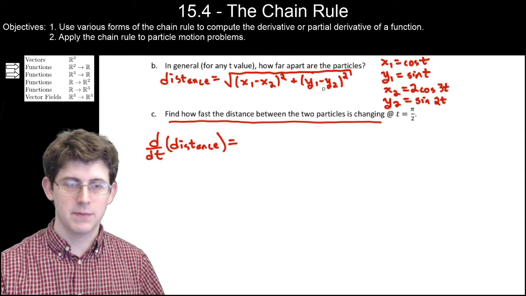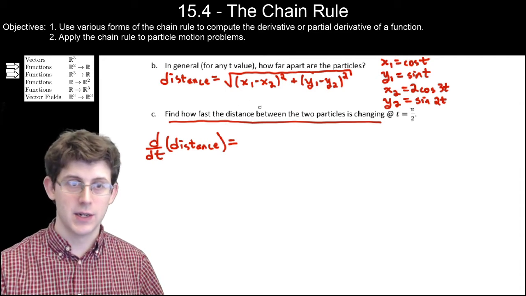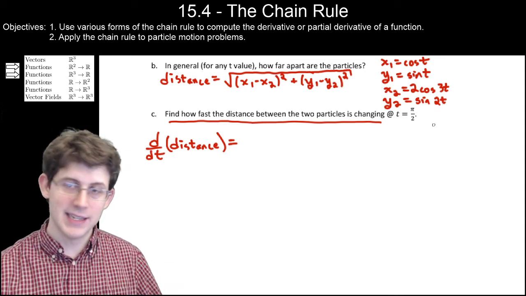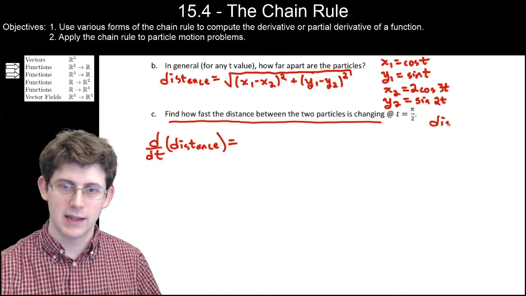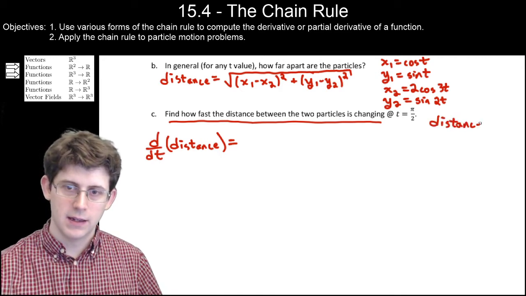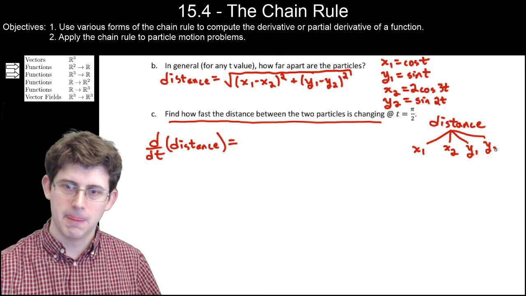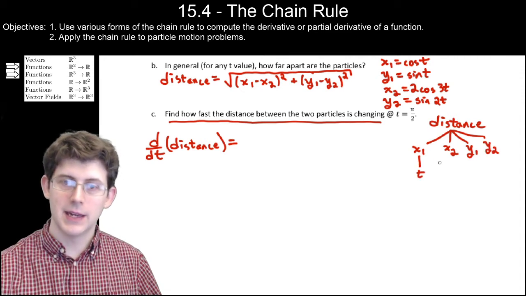This is a big function that depends on x1, x2, y1, and y2. Well, here's what that dependency diagram looks like. Distance depends on x1 and x2 and y1 and y2. And all of those depend on time.